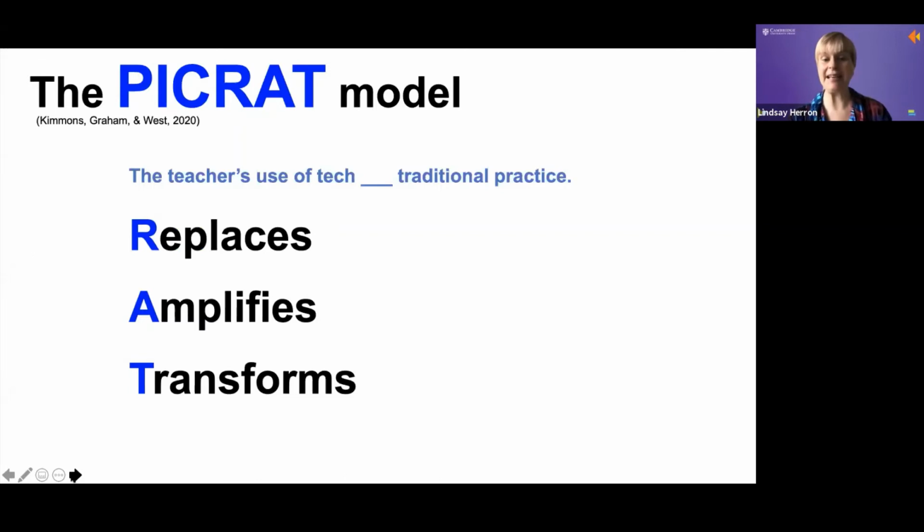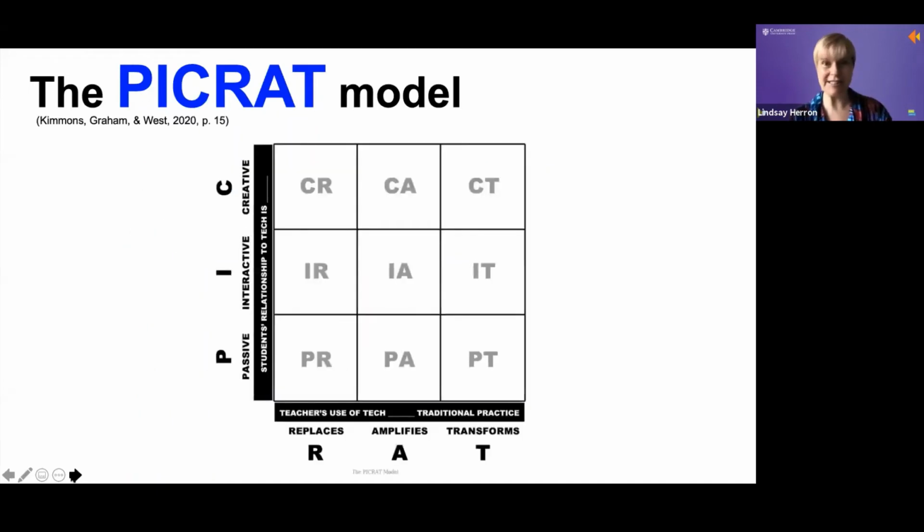Does it replace, amplify, or transform traditional practice, being analog versions? And so this is the PICRAT model. I think if it's creative and transforms or amplifies traditional practice, it's probably worth going for a digital tool rather than an analog one, if you've got the time to support that.